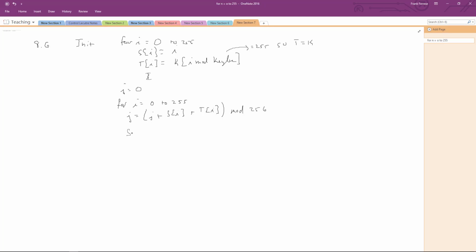And then we're going to do a swap. So we're going to swap S sub i with S sub j.